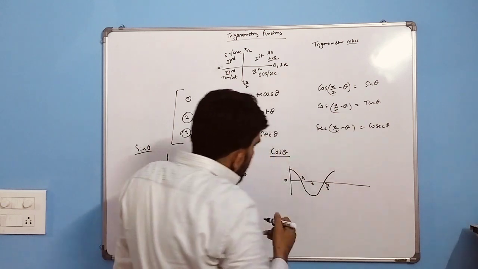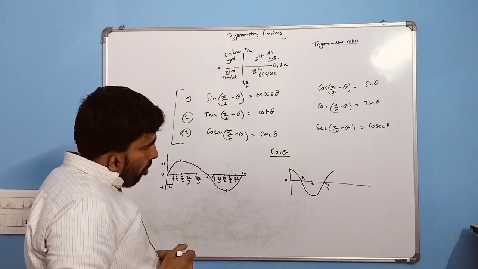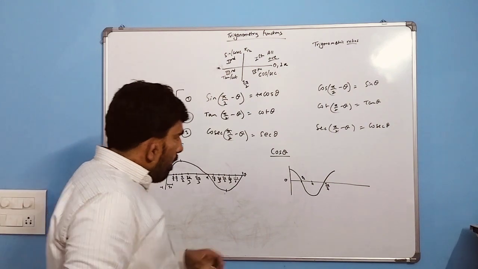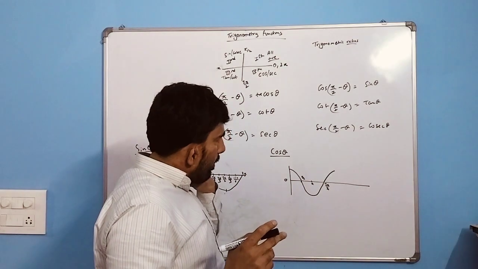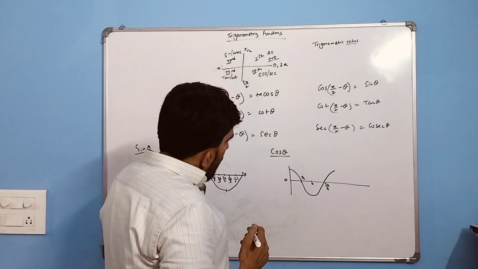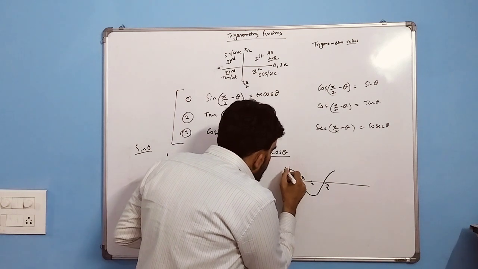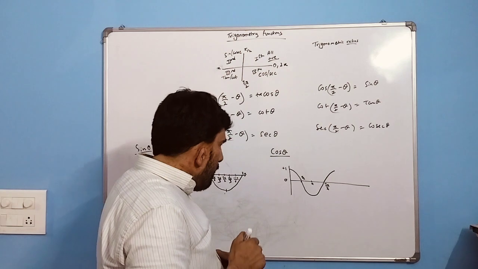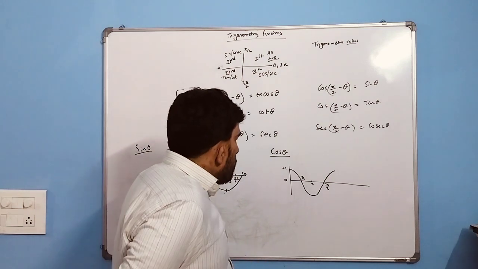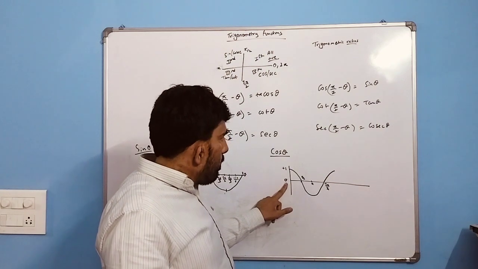So we can see here how the graph of cos varies, because the maximum value of cos we have taken is 1. Okay, so here its value is positive 1. It's the maximum value we have at cos 0. Now at cos 90, its value will be 0.